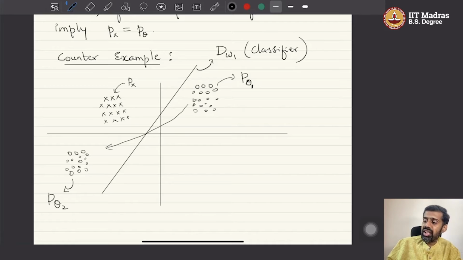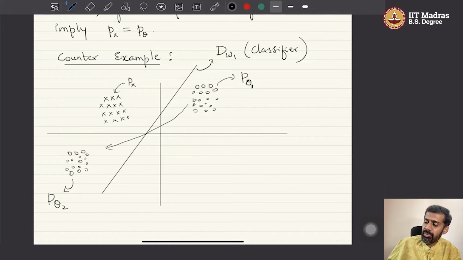Now when I request my optimization problem to change the theta in such a way that this classifier fails, it's very easy for the optimizer to push my theta in such a way that all the data that was coming from p_theta1 is just moved to the other side of the classifier, so that the classifier fails, right?